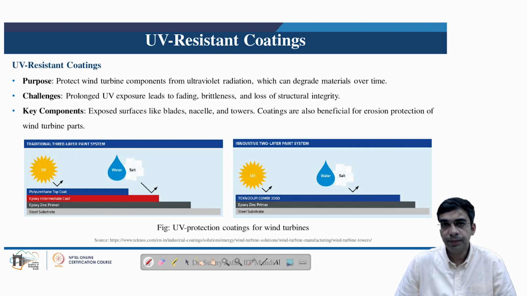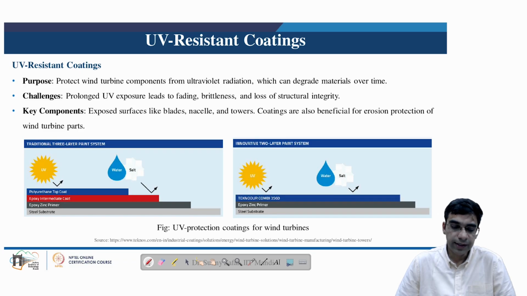The purpose of applying ultraviolet resistant coatings is to protect the wind turbine components from ultraviolet radiation, which can degrade materials over time. The key challenge is that prolonged exposure to ultraviolet radiation leads to fading, brittleness and loss of structural integrity.